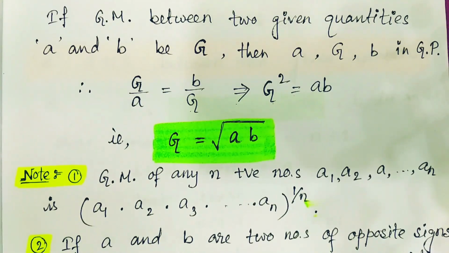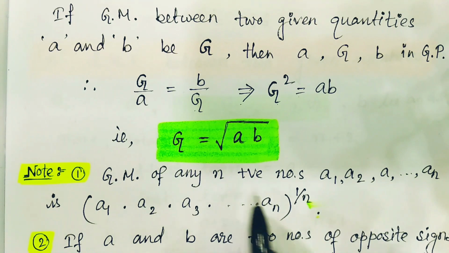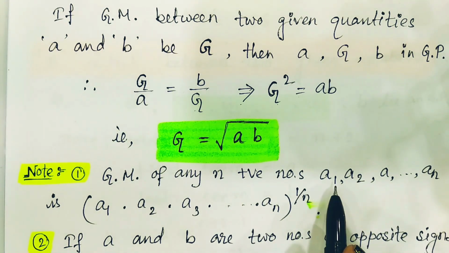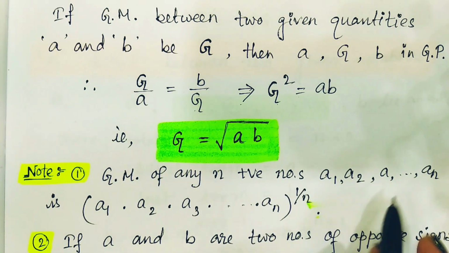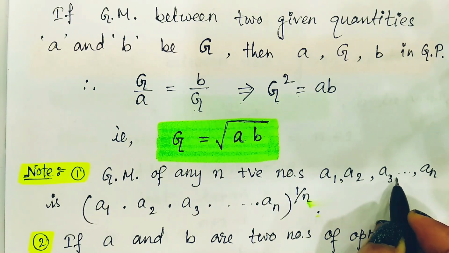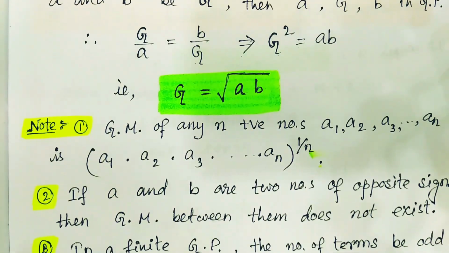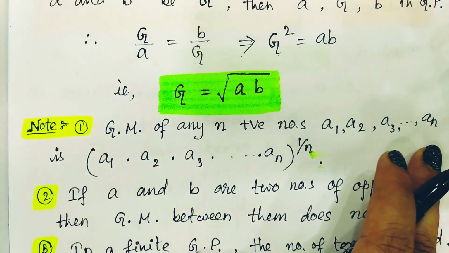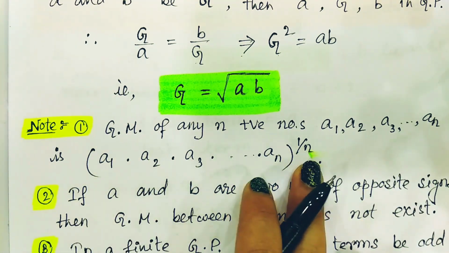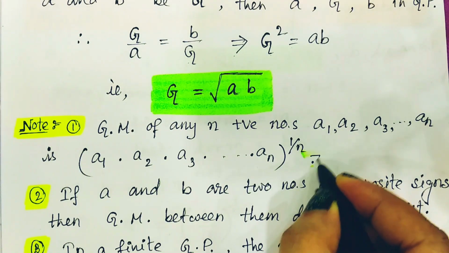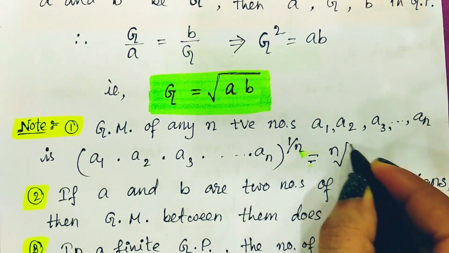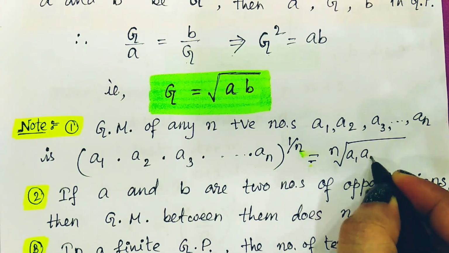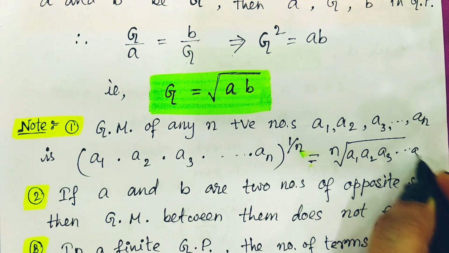Now note that the geometric mean of any n positive numbers, say A1, A2, A3 and so on up to An, is obtained by multiplying all these numbers and then taking the power 1 upon n. That means it is nothing but the nth root of all those numbers A1, A2, A3 up to An.